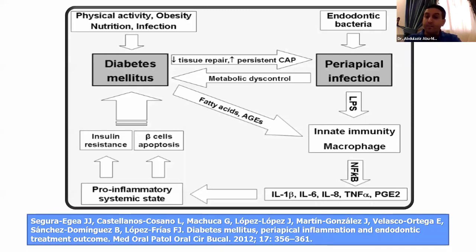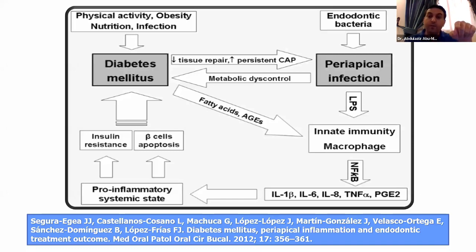If the diabetes is not controlled, our whole healing process will not go well. It's a cycle, and with uncontrolled diabetes we have a break in that cycle. If we have a periapical infection and controlled diabetes, we will have a much higher success. So we have to control the disease more than how we deal with the patient in our clinic.